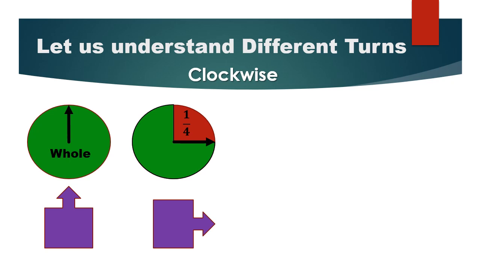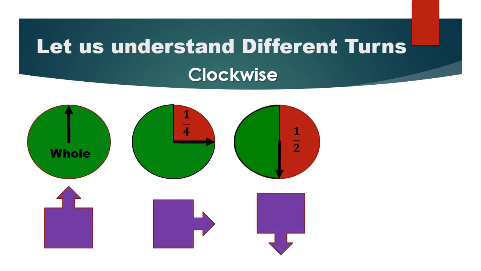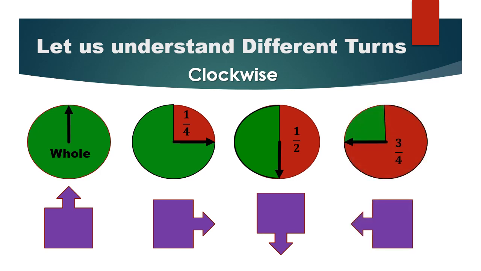Now, if I want to give a half turn clockwise, you can see the change in the position of the original shape. Now, 3/4 turn. So, this is how the 1/4 turn, half turn and 3/4 turn clockwise take place for the given shape.